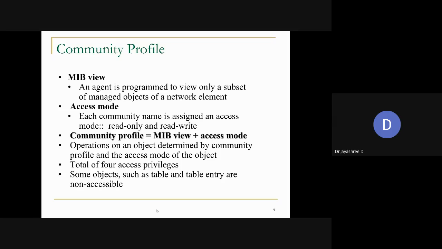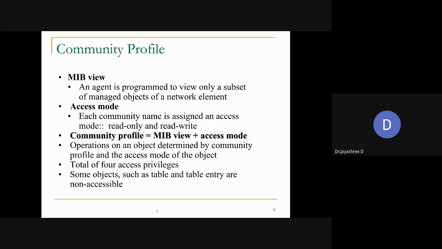I have an IP table. The IP table carries so many data and parameters itself. But I am allowing only some parameters to be viewed by the manager who is asking for it. So the agent is only allowed to view some of that object, and only that is allowed for the manager to view.